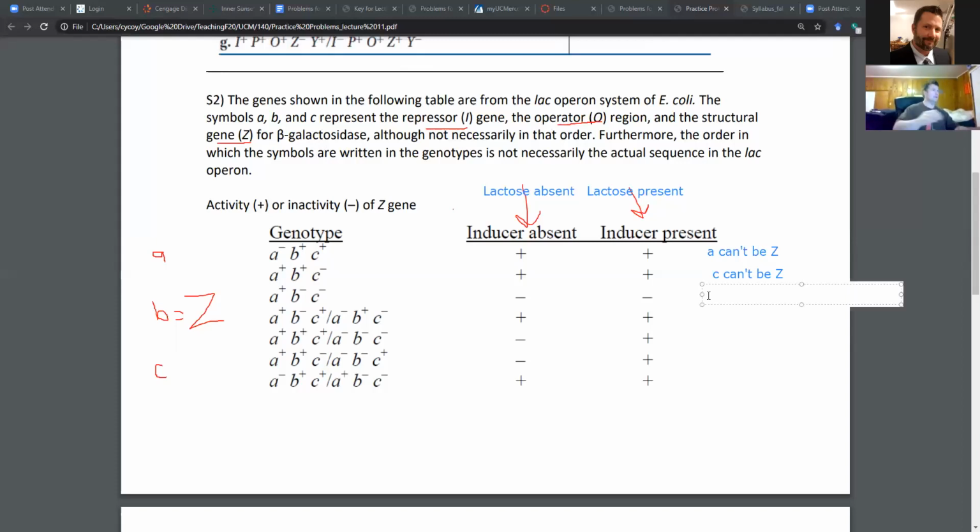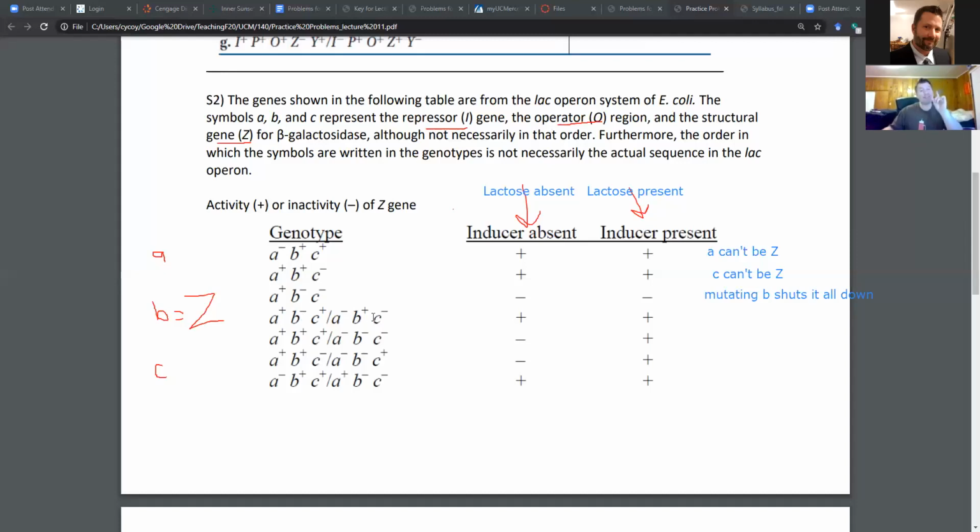So we can put this here. So mutating B shuts it all down. So that's the big thing. So we're probably saying B is the operating gene, it's Z.